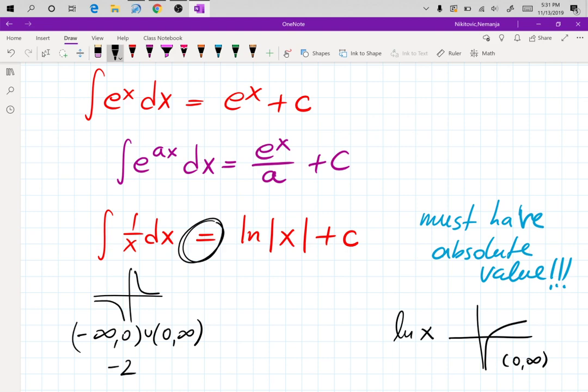So that's the problem. You must have absolute values. They're not there for decoration. When you have absolute values, your graph looks like this, covering both sides and having the asymptote at 0, but this one had an asymptote at 0, so you can't plug 0 on either side. But all other numbers you can plug in. So absolute value must be there.